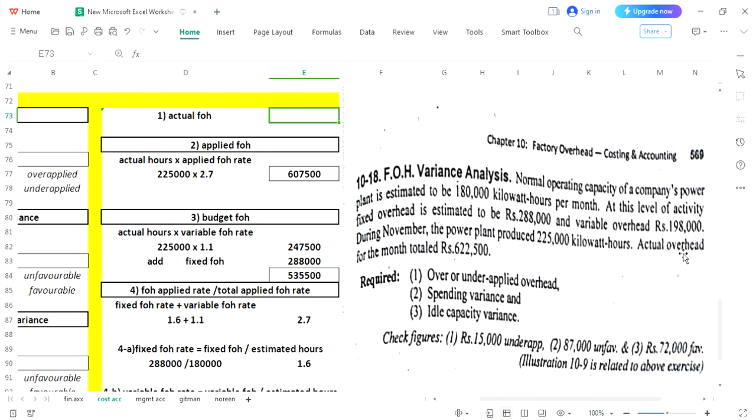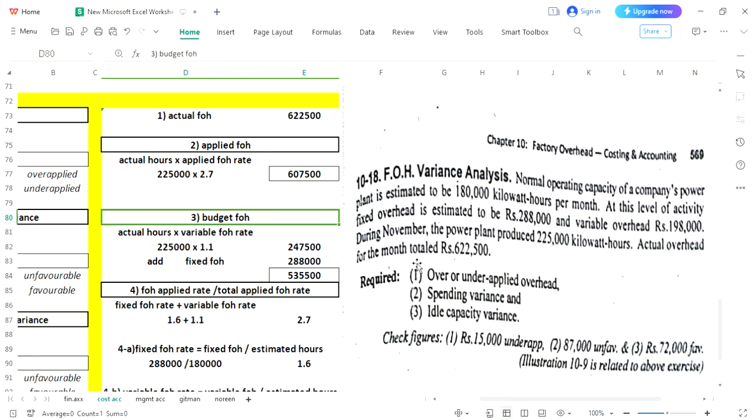Here you can see, please read it. Actual overhead or actual FOH for the month is 622,500. 622,500 is the amount of actual FOH. So it's a very smooth procedure with which you have calculated the first requirement, actual FOH, and then you have calculated applied FOH, which is 607,500.